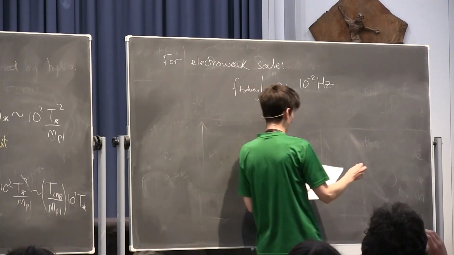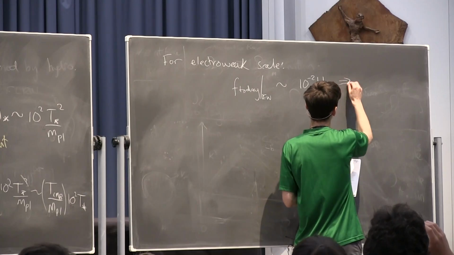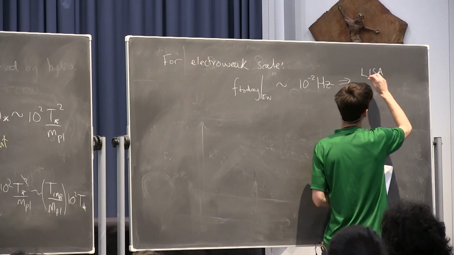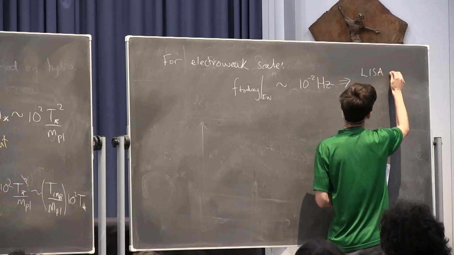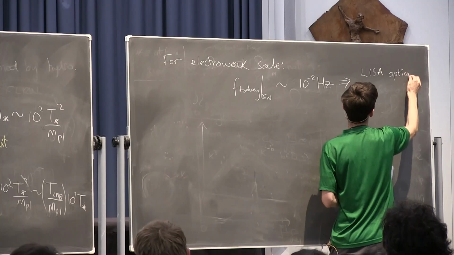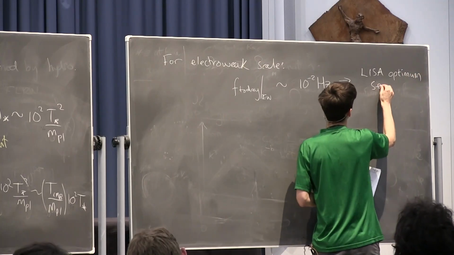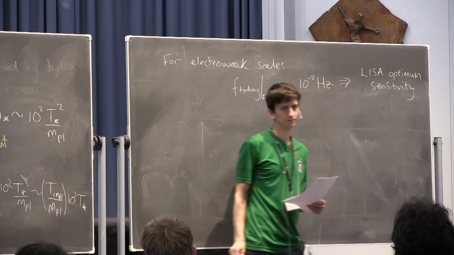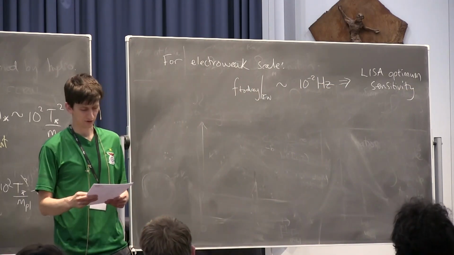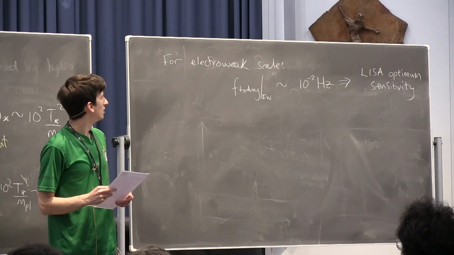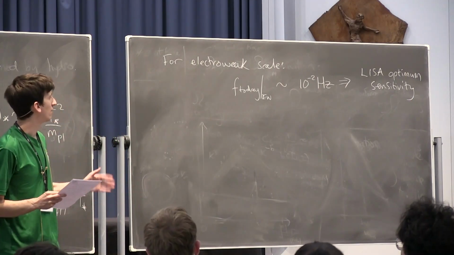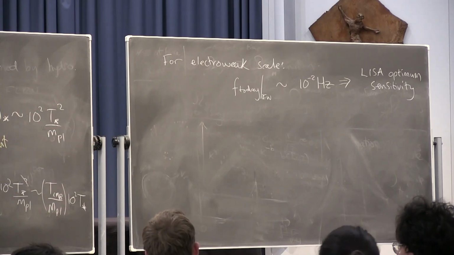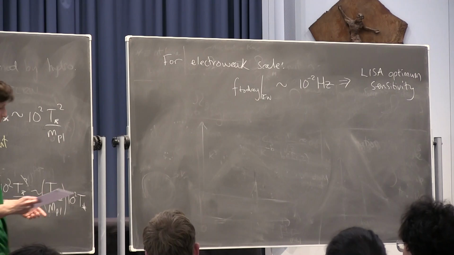And that is very fortuitously the experiment, or future experiment, LISA's optimum sensitivity. Which is great. It means that, in principle, if there's an electroweak phase transition and it produces enough gravitational waves, then it's going to be just in the right region to be seen by LISA.